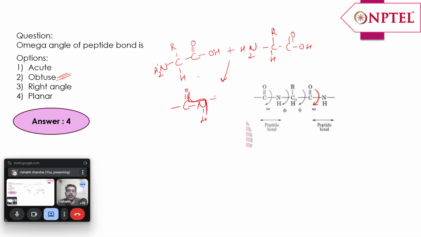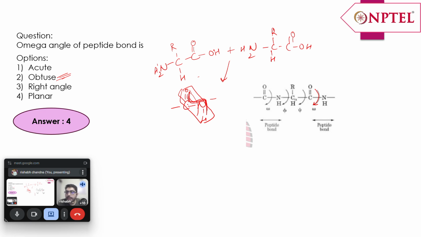Now, what happens whenever this kind of structure is rotating? It rotates in a plane. So this is a plane that is formed here. It rotates in a plane rather than forming an acute, right, or obtuse angle. This would be a planar angle.